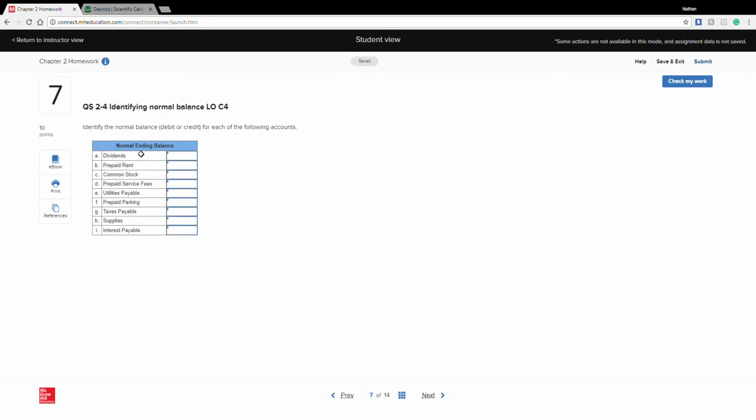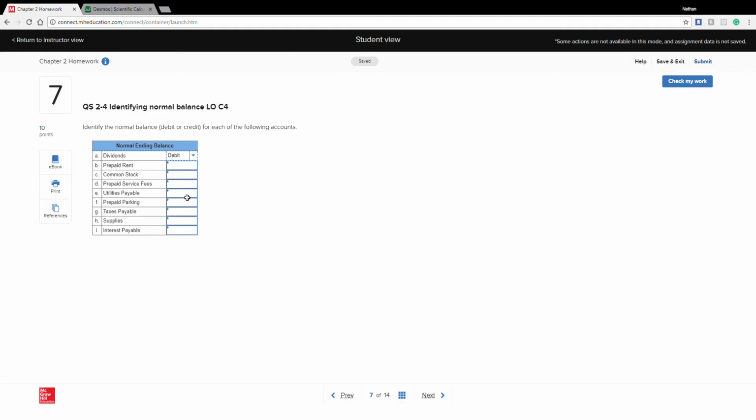And again, if you notice how DEALER is spelled, the first three are on the left, the last three are on the right, just how it is on a T-chart. Debits are on the left, credits are on the right. So, dividends. Boom, that's one of the acronyms already in DEALER, so it's going to be a debit. Prepaid rent.